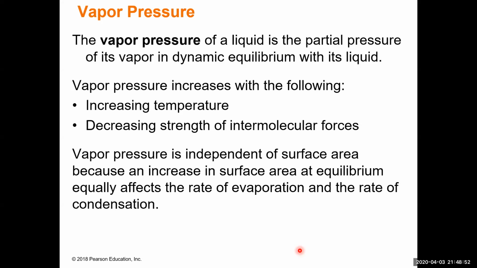The vapor pressure is independent of the surface area, because an increase in the surface area will affect the rate of evaporation just as much as it will affect the rate of condensation.